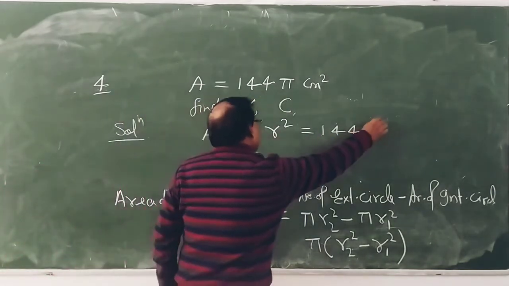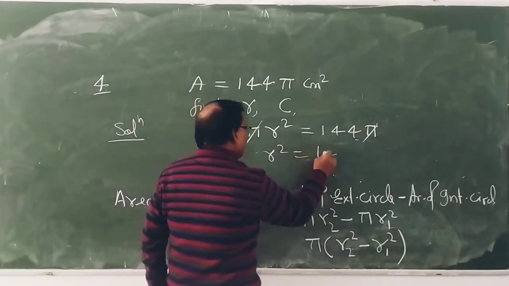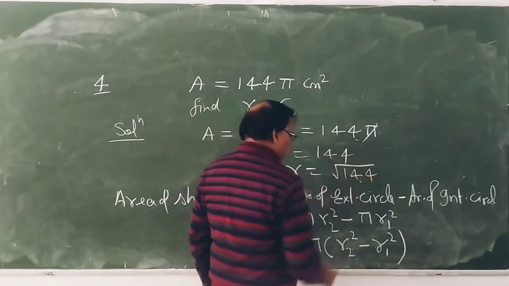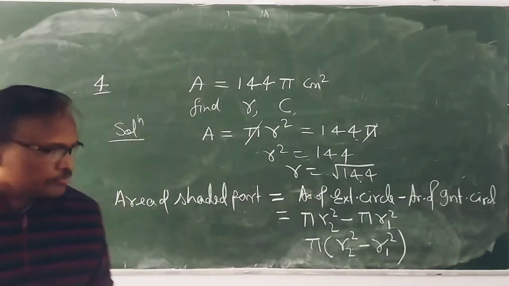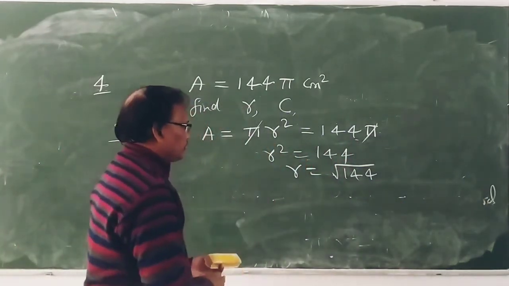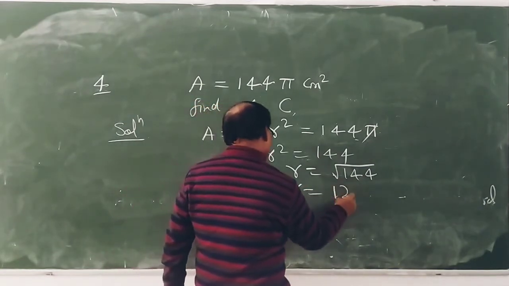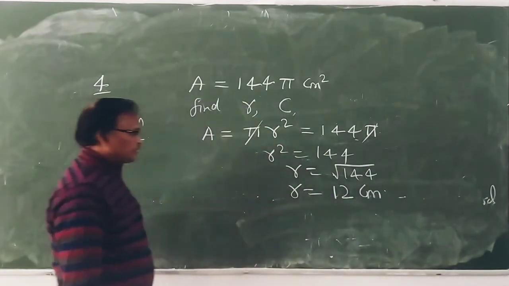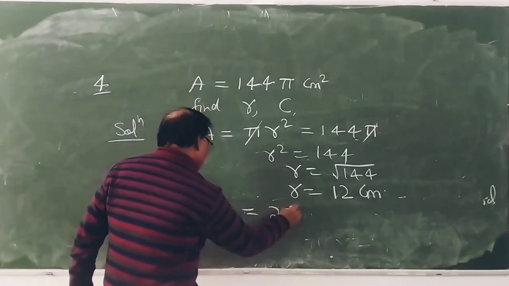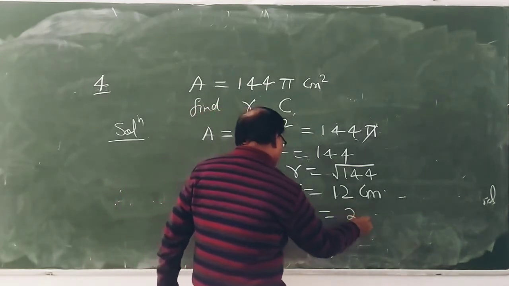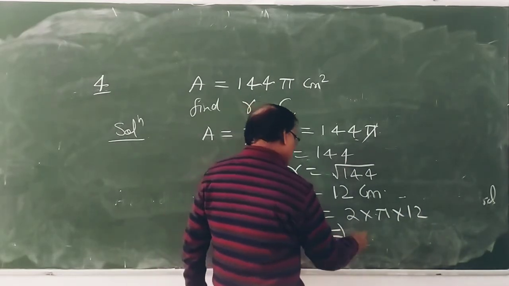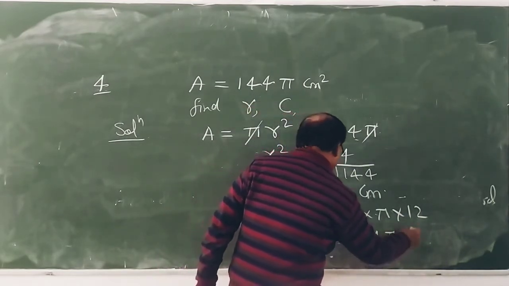Pi cancels, r square is equal to 144, so r is equal to under root 144, and this is equal to 12 centimeters. After getting r, you can find the circumference, and circumference is 2 pi r. So 2 into pi into 12 means 24 pi centimeter.